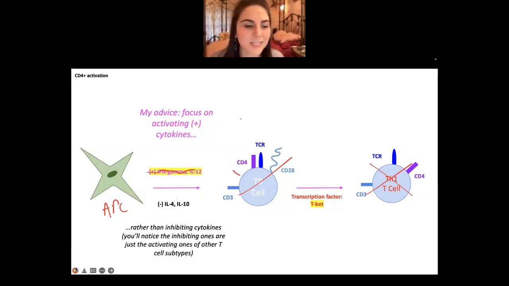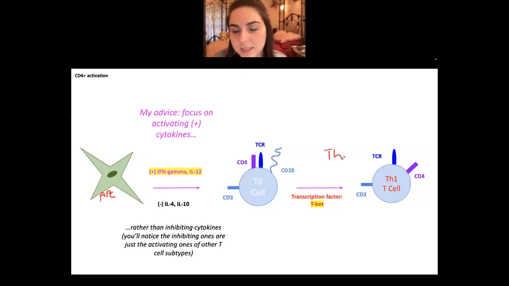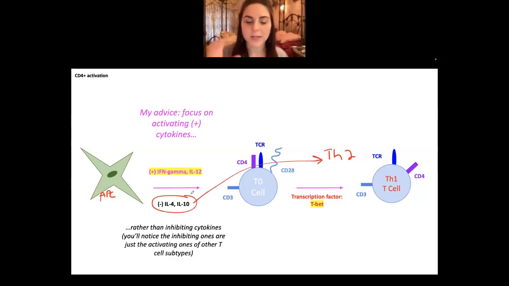It's kind of confusing, but let's say the APC is trying to make a TH2. It's going to secrete these, and these are going to be inhibitors. They inhibit the cell from turning into a TH1. That's why it's negative. It's inhibiting the process of TH1 because I'm trying to make a TH2.